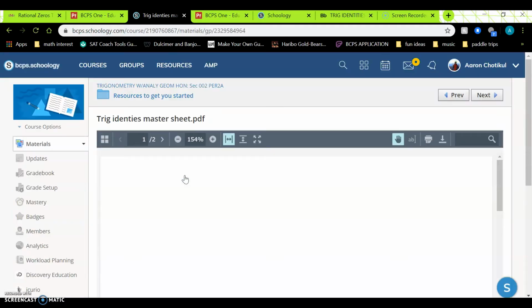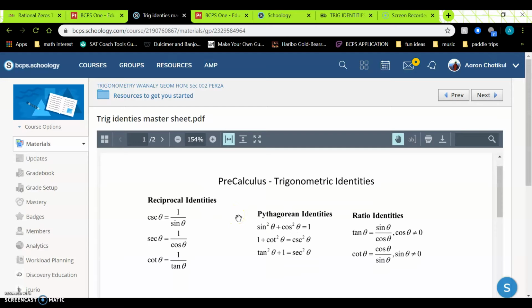Now, remember when we did this unit, we added some identities to this? I'm going to go over those right now. What we're really concerned with rewriting first are the Pythagorean identities. I'm going to write out all 3 of these on my document camera, which I know you cannot see.